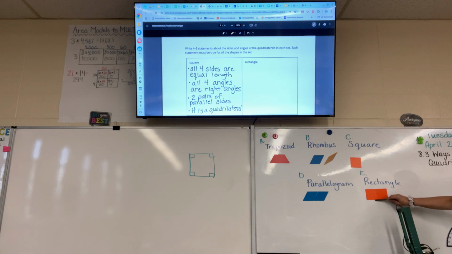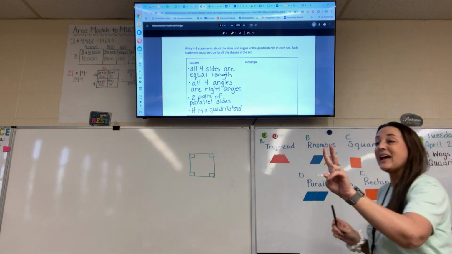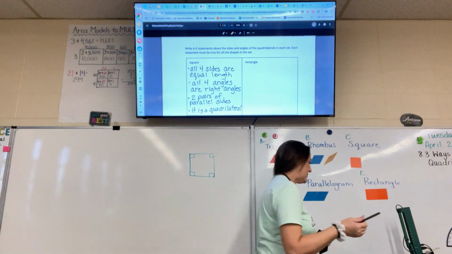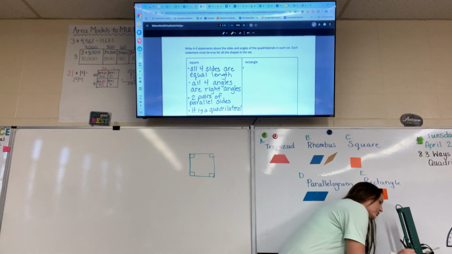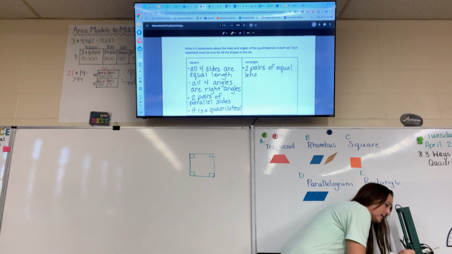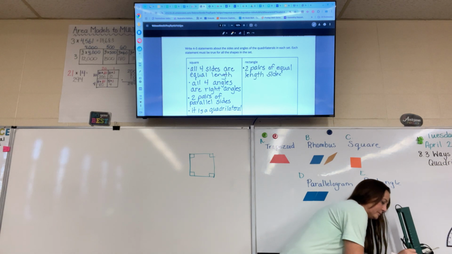The top and bottom are equal length, and the sides are equal. Yes. So that means it has 2 pairs of equal length sides, right? Okay. So write down 2 pairs of equal length sides.